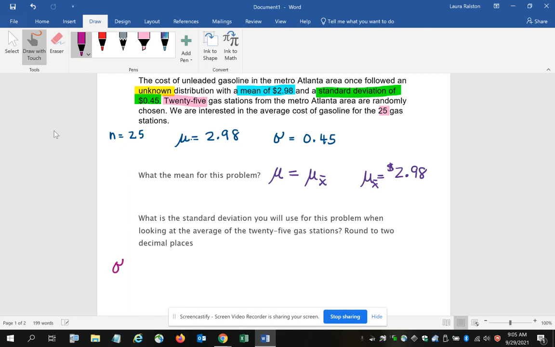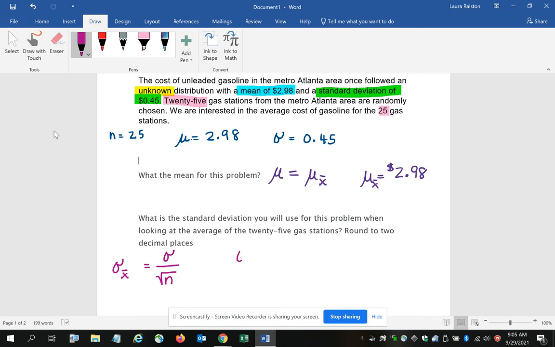The standard deviation of the sampling distribution is the standard deviation of the sample divided by the square root of your sample size. We have to adjust the standard deviation when we apply the central limit theorem. And typically the standard deviation for a group is going to be smaller than the standard deviation of an individual.